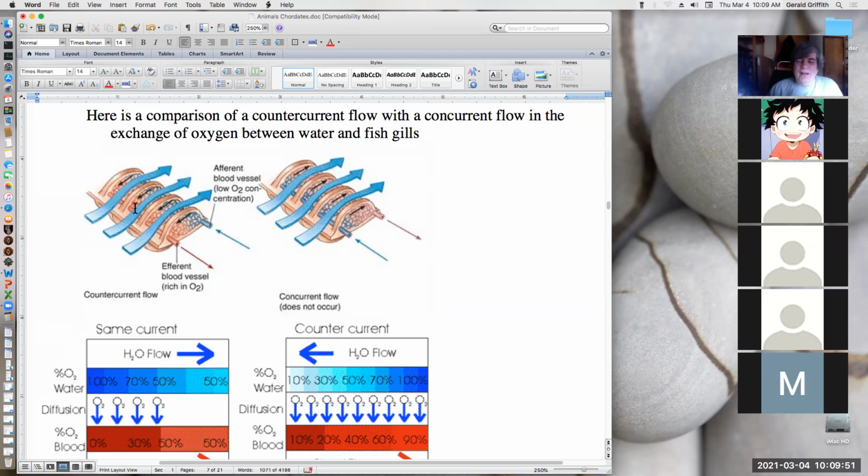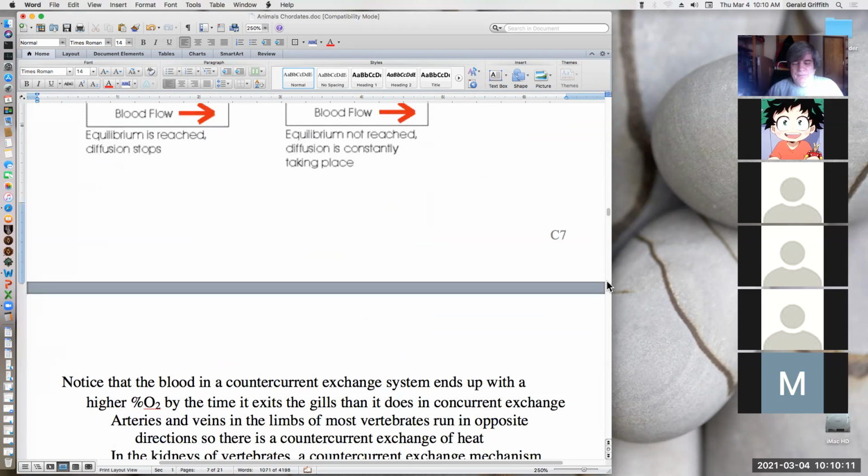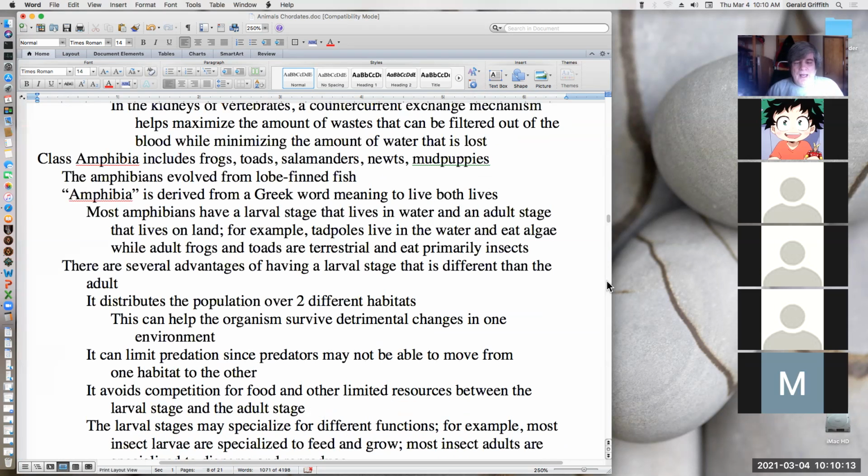They show the diagram on the left side. They show the numbers for concurrent flow on the left side. They show the diagram on the right side. So if you look at this diagram later, keep that in mind. They kind of have those, well, seems like they're reversed to me. I don't know, maybe they had a good reason for doing it that way. So this is much more efficient.